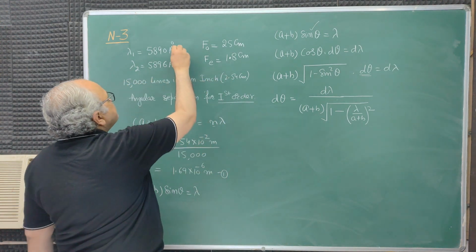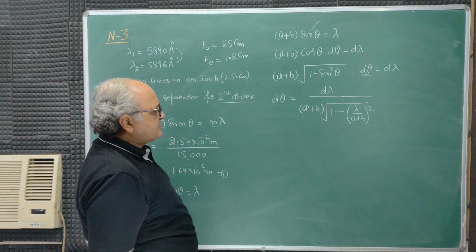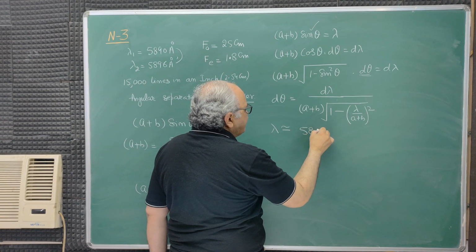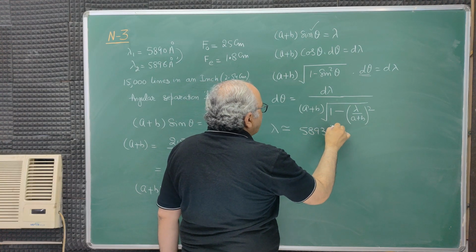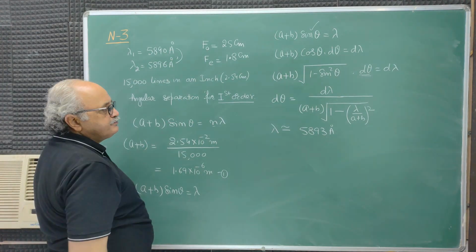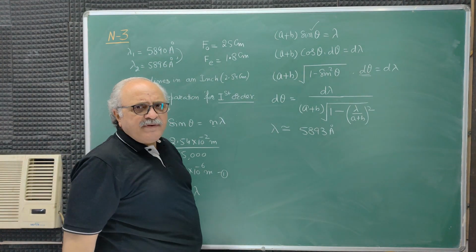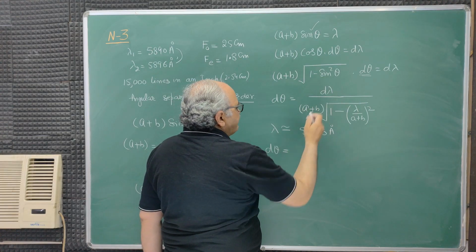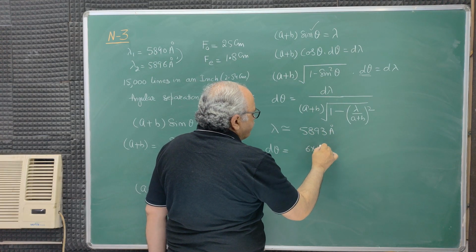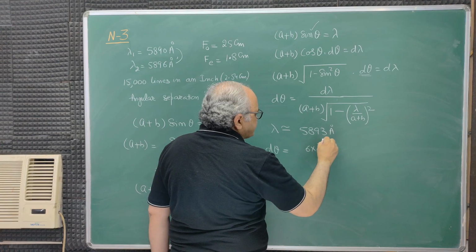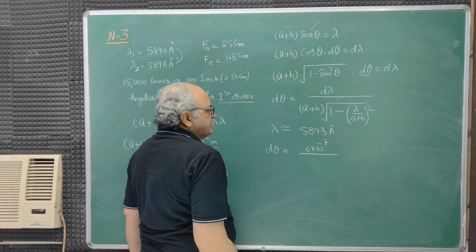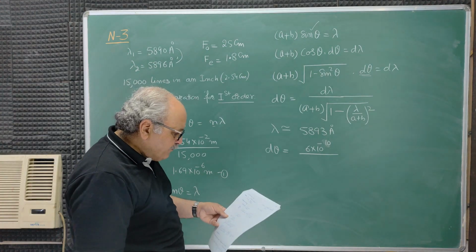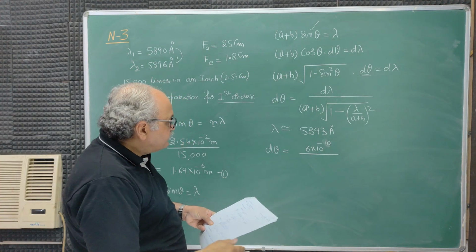When you have two wavelengths very close to each other, the lambda will be taken as 5893 angstrom, which is the average value of the two. Rest is mathematics. You simply put the difference in wavelength, which is 6 angstrom, that is 6 into 10 to the power minus 10 meter.